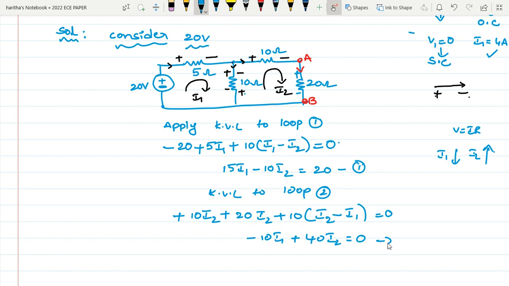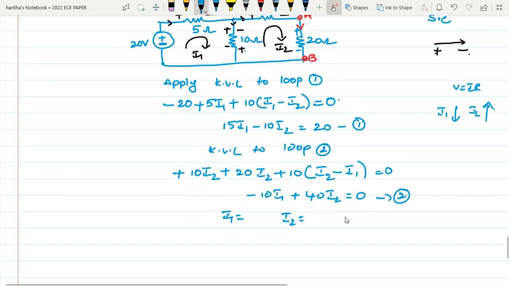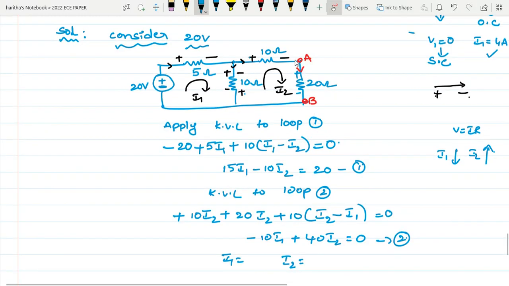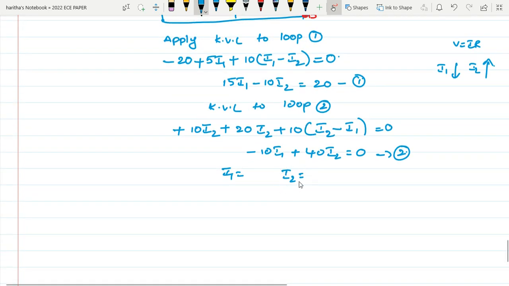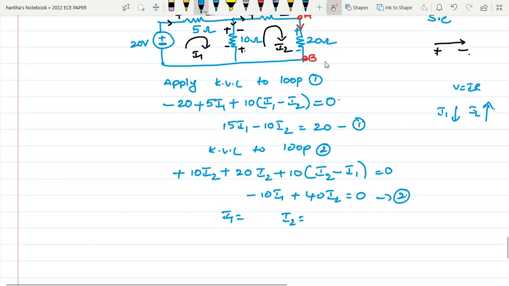By solving equations 1 and 2, you will get I1 and I2 values. You can do this directly in the calculator. And what is the current flowing in the 20 ohm resistor? Only the I2 current is flowing in 20, so whatever I2 value you got here, that will be the answer. The current passing through 20 ohm is nothing but I2.